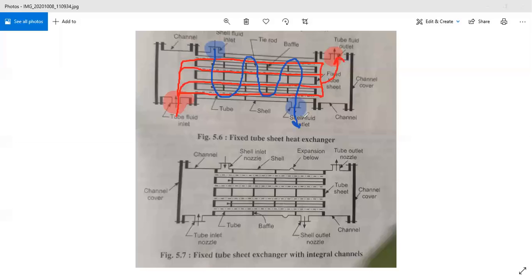So for guiding or directing the shell side fluid, we have to incorporate the baffles in the shell and tube heat exchanger assembly.